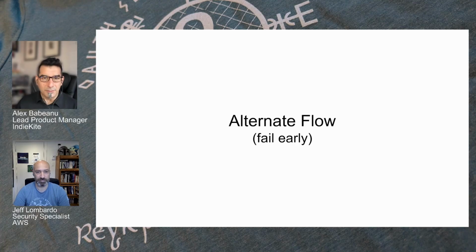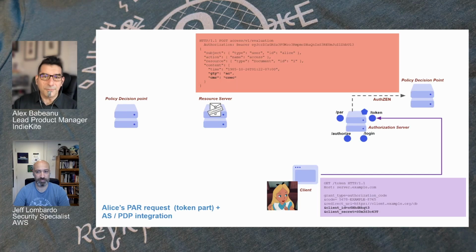So as an alternate flow here, just to point out something that could have made things a bit smoother and faster, we could have failed early.